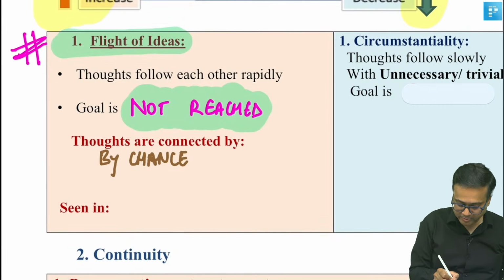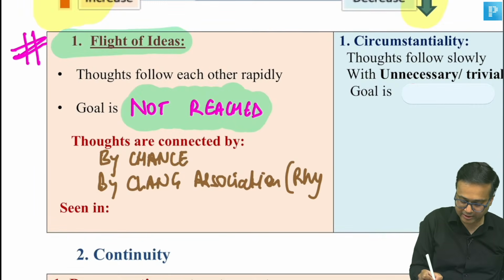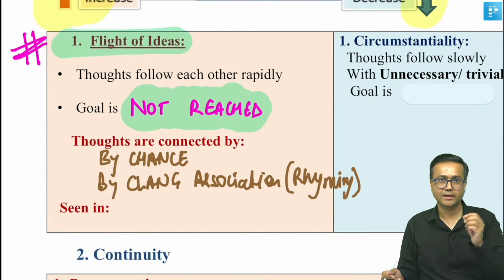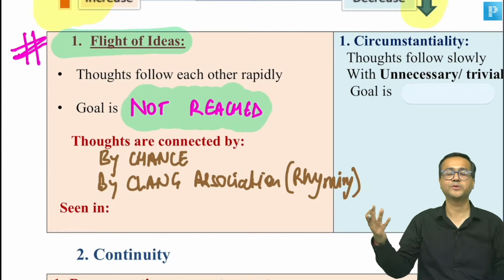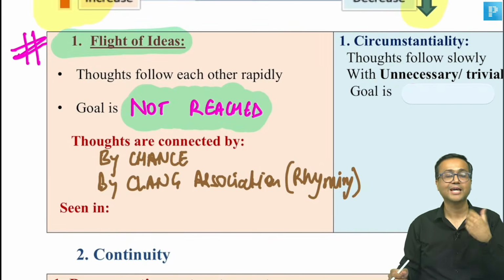Or the thoughts may be connected by what is known as clang association. What is clang association, if I ask you? The thoughts may be connected by rhyming words. For example, a patient speaks like this: Ram can sing, birds have wing, I am the king, phone goes tring tring, the weather is spring, bring bring bring. So this is clang association.